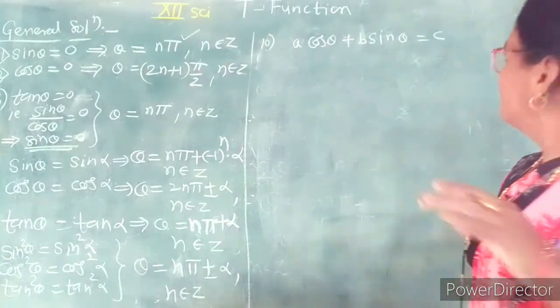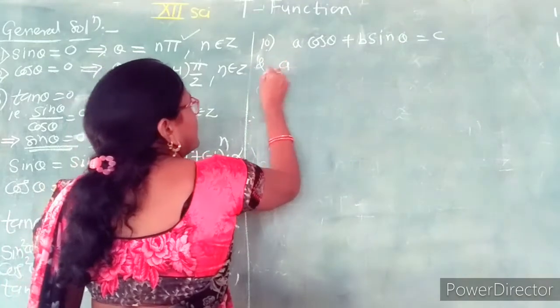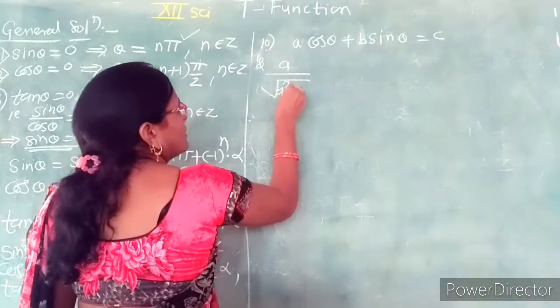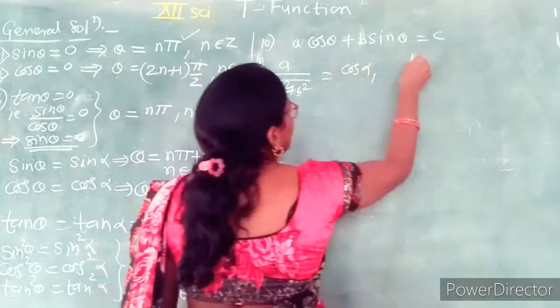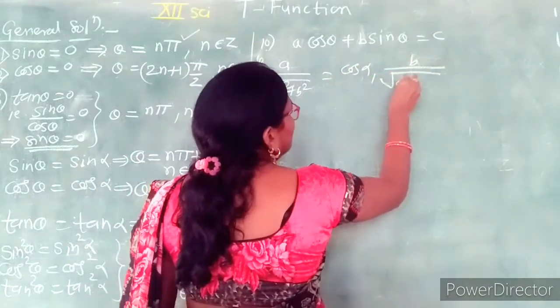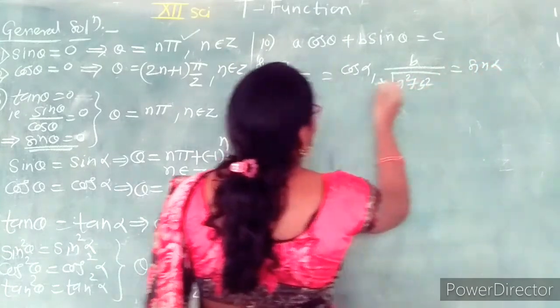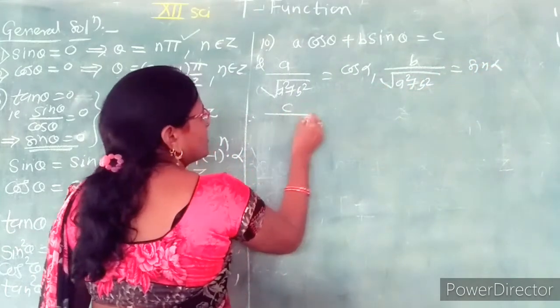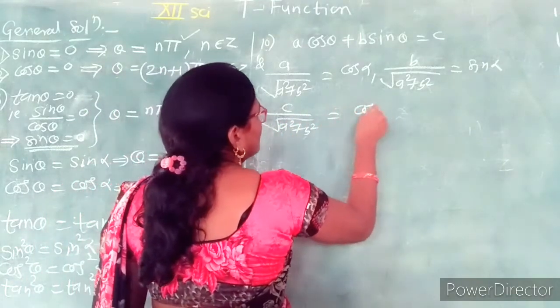A cos theta plus b sin theta is equal to c, and a upon root of a square plus b square equal to cos alpha, b upon root of a square plus b square equal to sin alpha, and c upon root of a square plus b square is equal to cos beta.